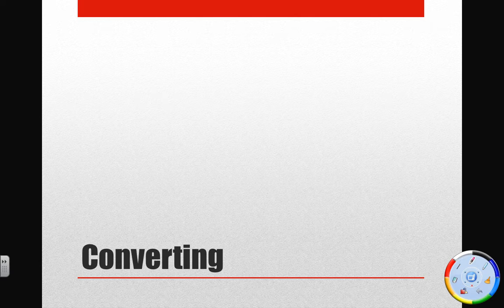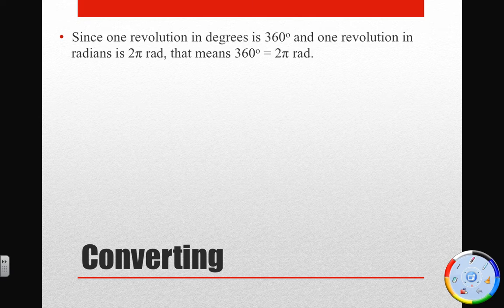In order to convert, that's the comparison that we need. Since one revolution in degrees is 360, one revolution in radians is 2 pi, that means 360 degrees is equal to 2 pi radians. Or in other words, the one that we most commonly use is the fact that pi is equal to 180, which makes it very, very simple for converting.